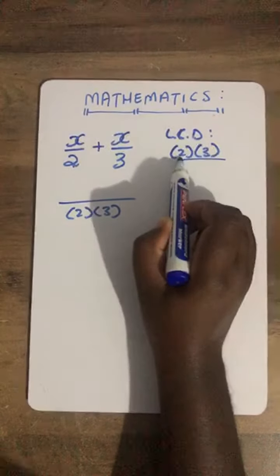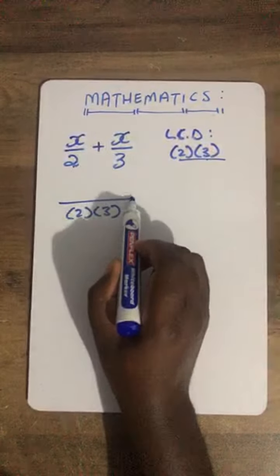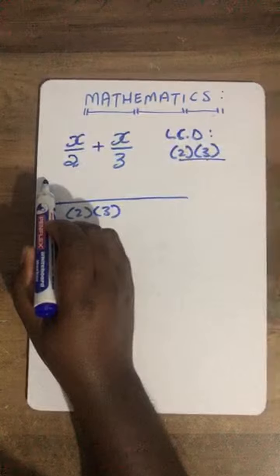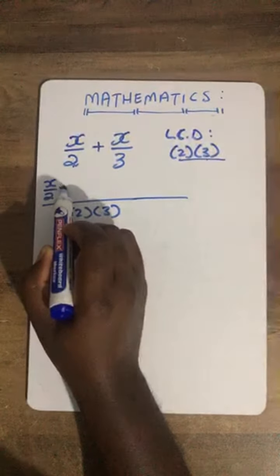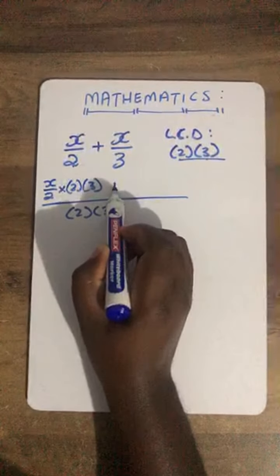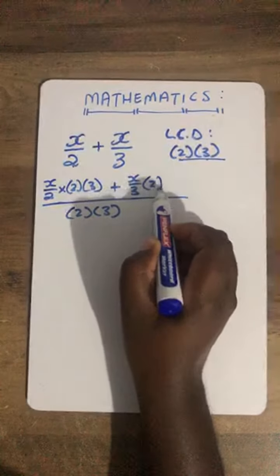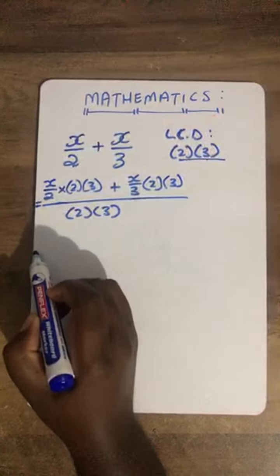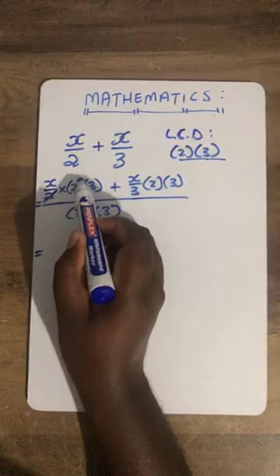That 2 is going to cancel with that 2. So it's like you have 3 times x. If I'm not taking shortcuts, it's like I'm saying that x over 2, you multiply it by your LCD, plus that x over 3, you multiply it by your LCD. So this is where I'm saying that will cancel with that.